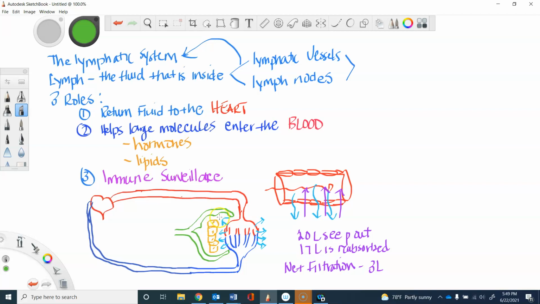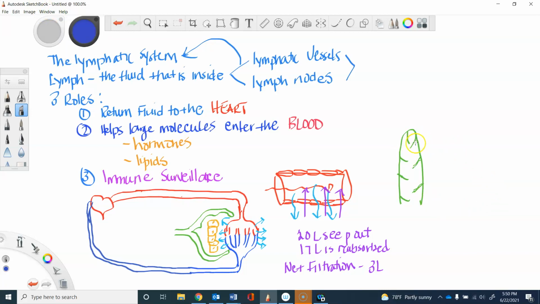Okay, the capillaries themselves, their structure has these little flaps. And these little flaps have little collagen anchors to them.